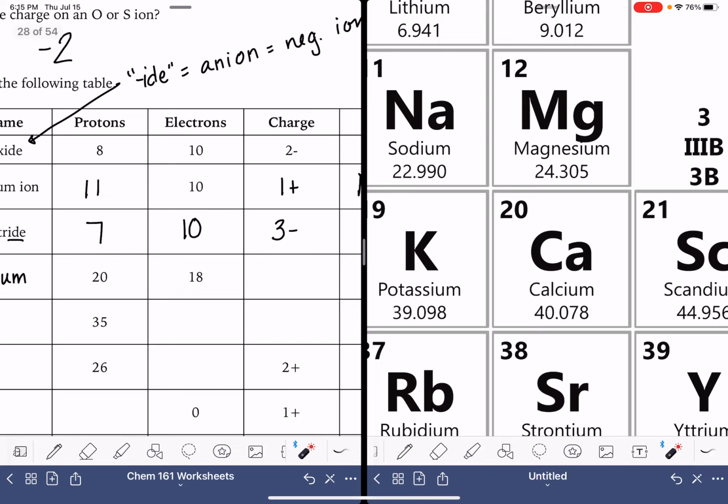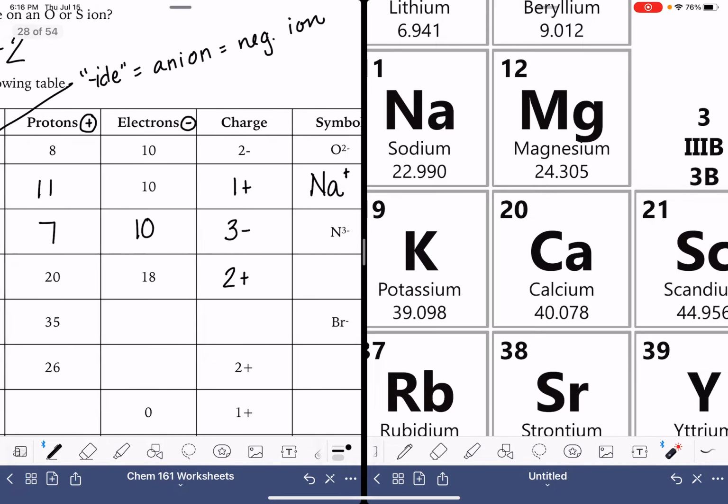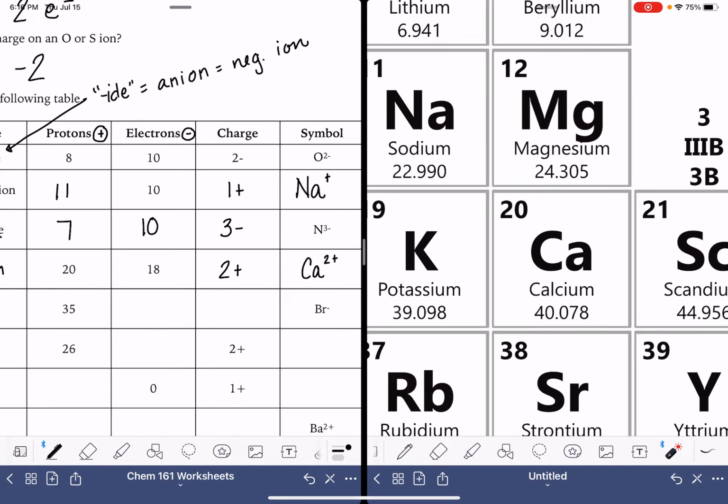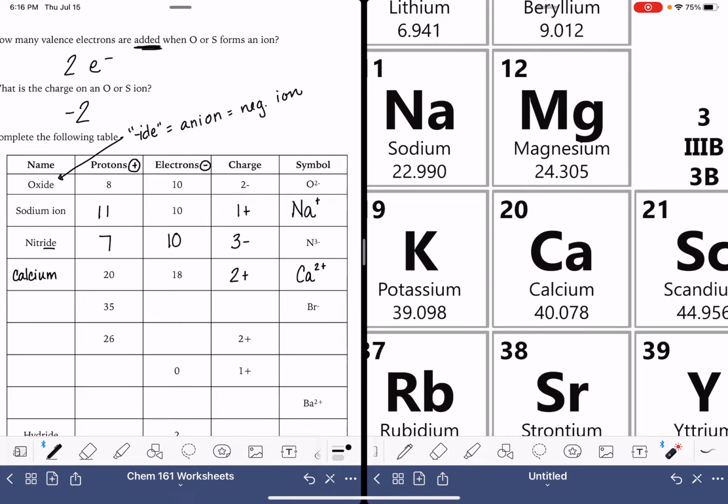Also, we can tell that it's positively charged because it's telling us that it has 20 protons and 18 electrons. So that means it has a 2+ charge. The protons, which are positively charged, are outnumbering the electrons, which are negatively charged. The symbol for this, we're going to write the symbol for calcium, and then in the upper right-hand corner, we write the charge, 2+.